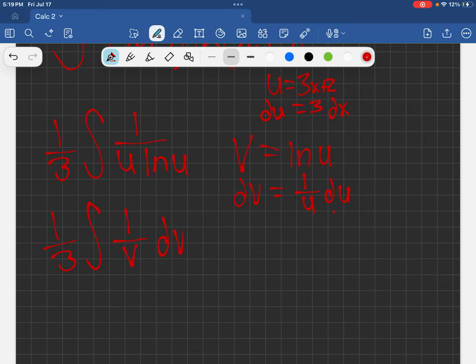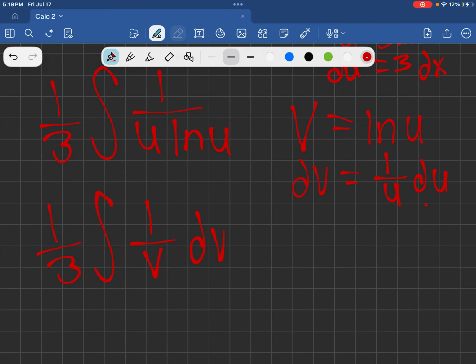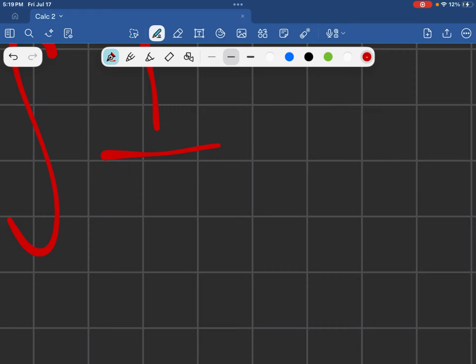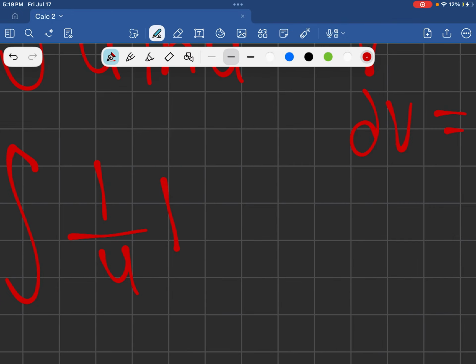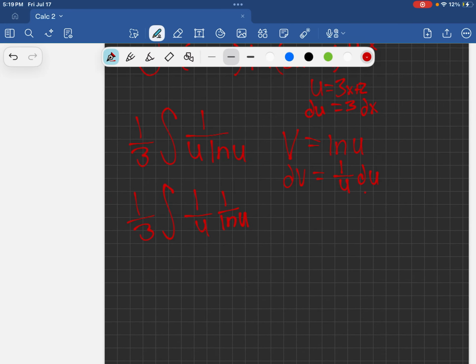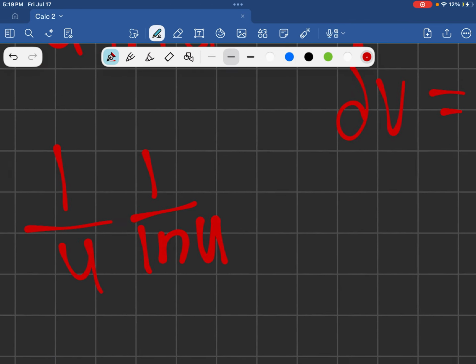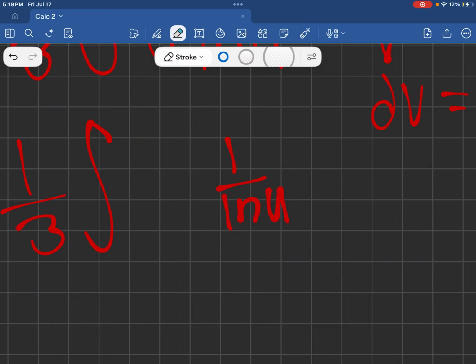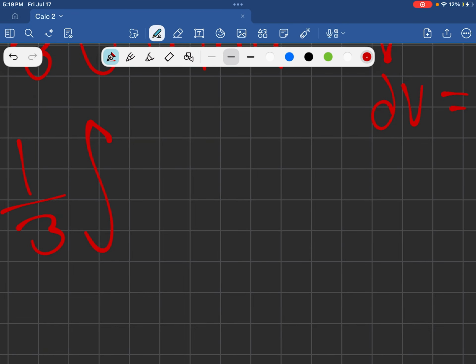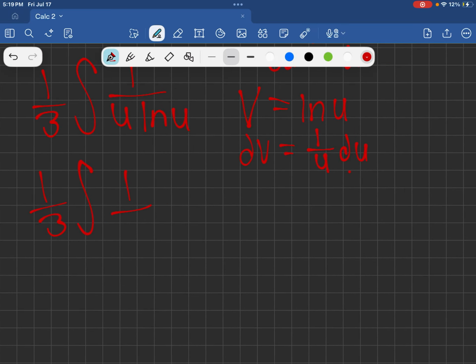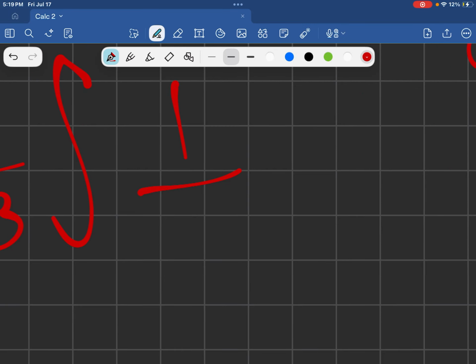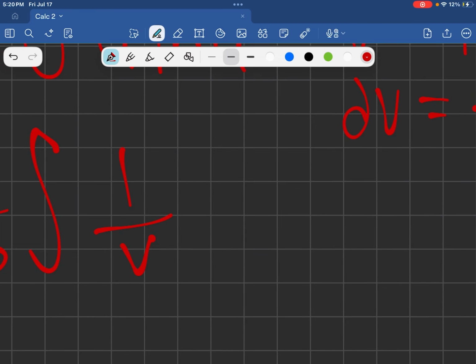because I can see that this is just 1 over u, and this ln of u is just in the numerator as well. So it's essentially this, but then this 1 over u is just going to be equal to dv, so that gets encapsulated by the dv, so we're left with 1 over v dv.